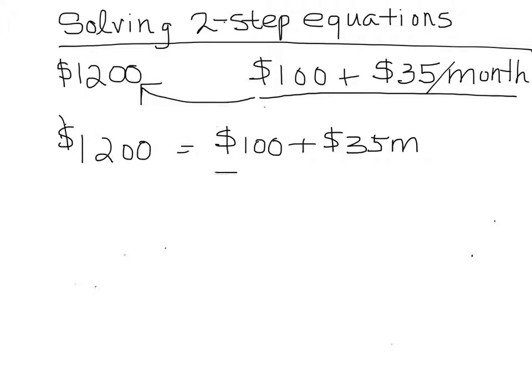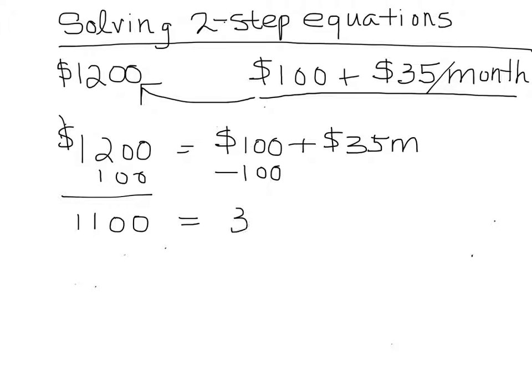So I'm now going to subtract $100. You know what, I can kind of forget writing the dollar sign for a little while because it's just something extra I don't need to do. And I've got 1,100 on this side, and I've got 35. Oops, if I'm not going to do the dollar sign here, might as well not do the dollar sign there.